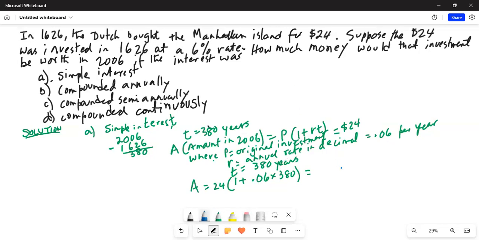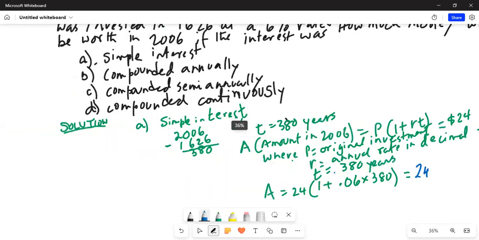So this is equal to 24 times 1 plus 22.8, which is A is equal to 24 multiplied by 23.8, and that will be equal to 571.2.